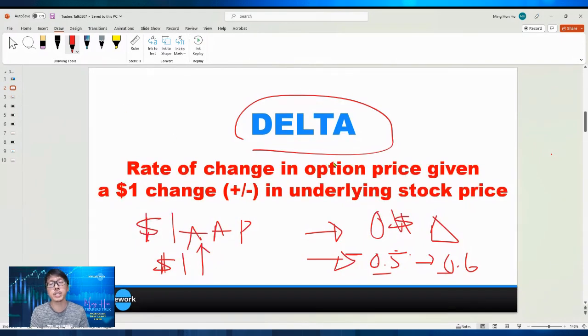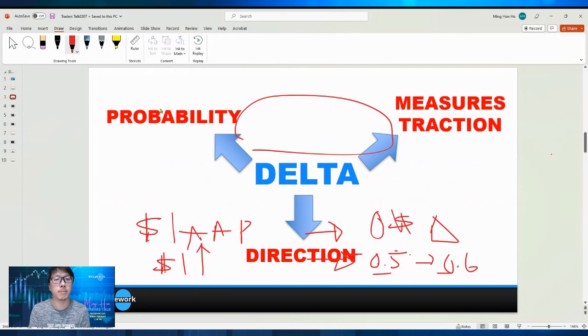So what do we use delta for? We use delta for a couple of things.